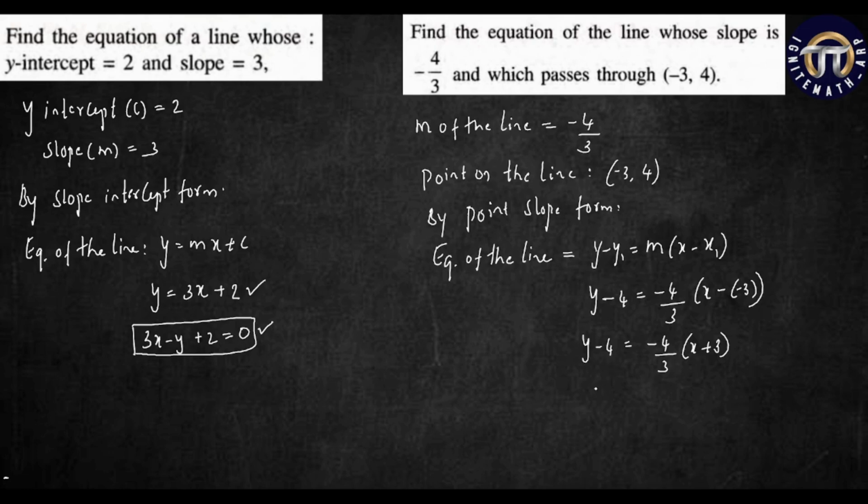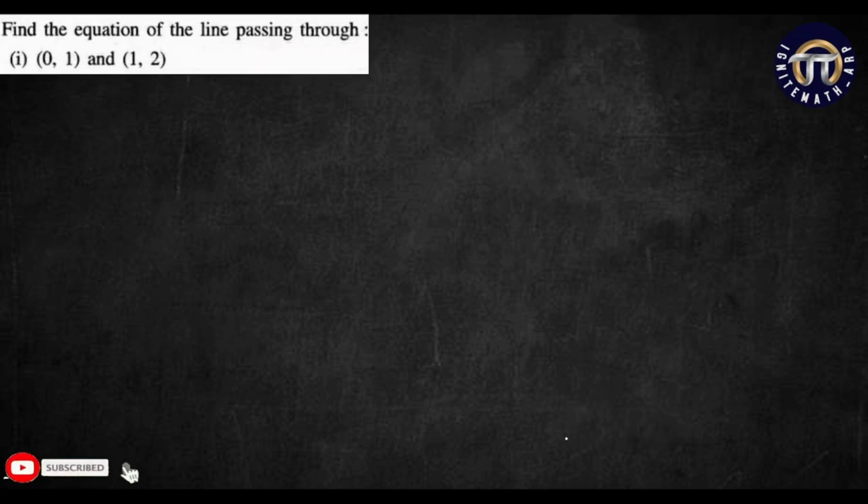When I take this 3 to the other side, 3y minus 12 is equal to minus 4x minus 12. Clear, children? So I can cancel minus 12 and minus 12. So 4x plus 3y is equal to 0. This is my required equation of the line. Clear, children? So now let's move to the next question.